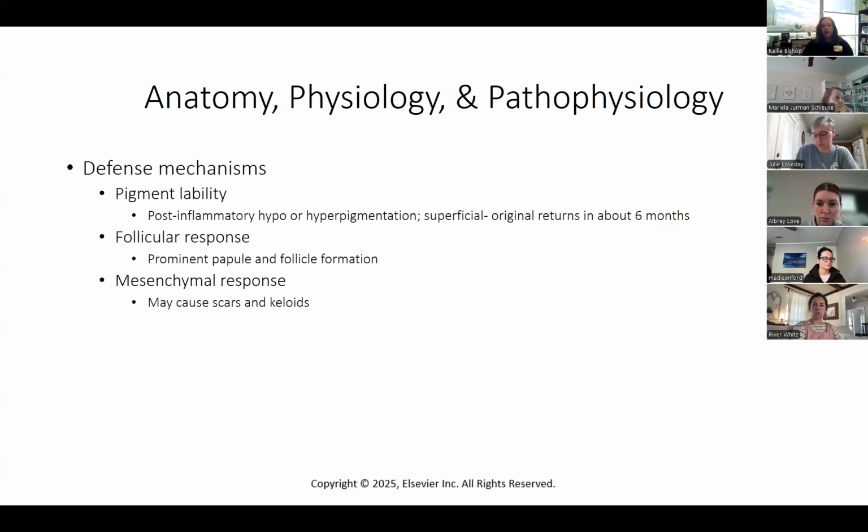It's just the coloring, the pigmentation, especially in darker skin, that is going to take time, up to 6 months. If you have eczema on top of that, and they're constantly scratching, it's going to take even longer. So even if the rash and whatever disease process you're treating gets better, the coloring changes are going to take time to heal.